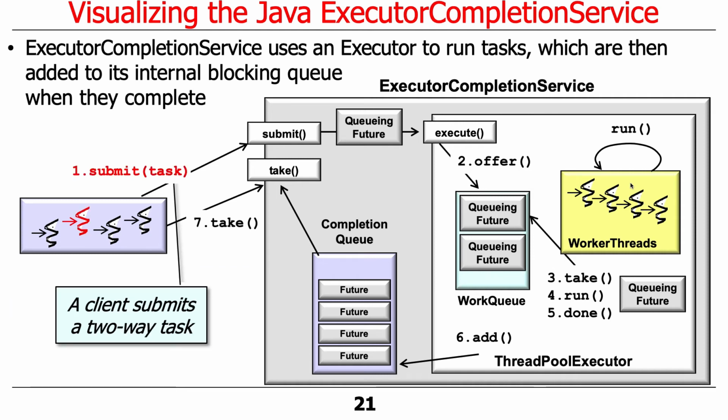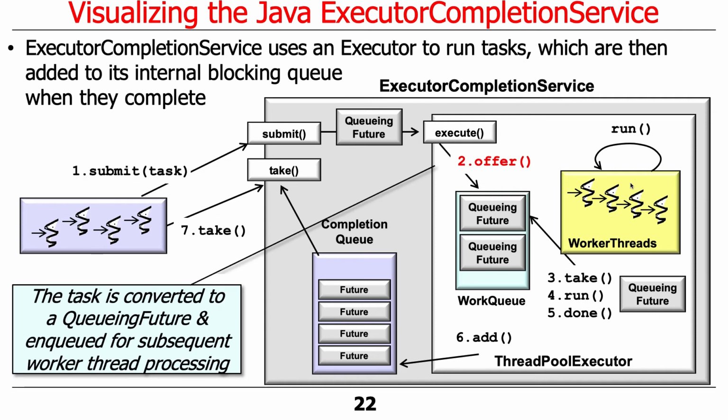So we start off by having some client thread submit a two-way task, so that gets given to the system. That task is converted into a queuing future, and then that queuing future is executed on the thread pool, and that goes ahead and will enqueue it to be processed at some point.